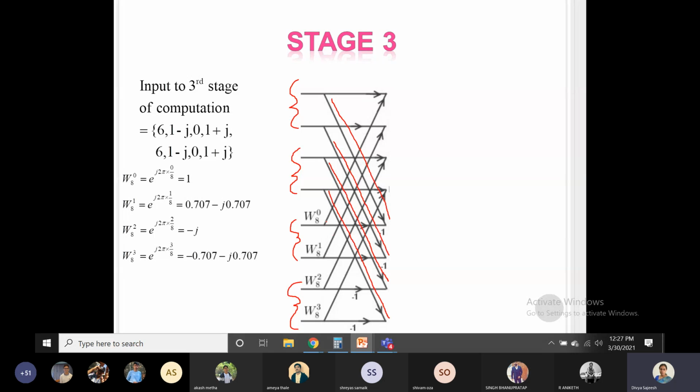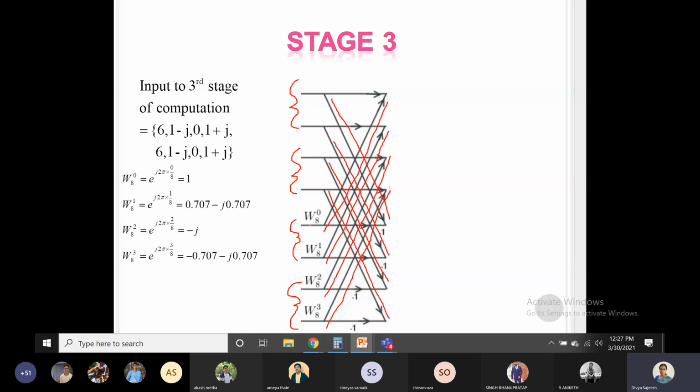Similarly, from the 5th you will be drawing the line to the 1st, then from the 6th to the 2nd, then from the 7th to the 3rd, and from the 8th to the 4th. So this way you have to drop the lines, and you will insert the twiddle factors at the 5th, 6th, 7th and 8th positions.